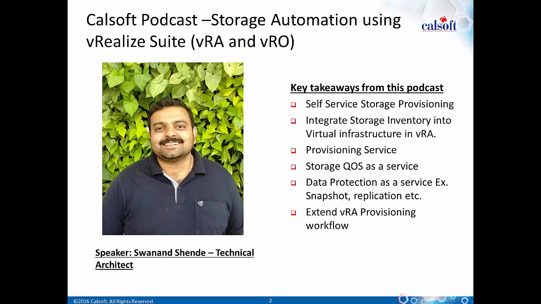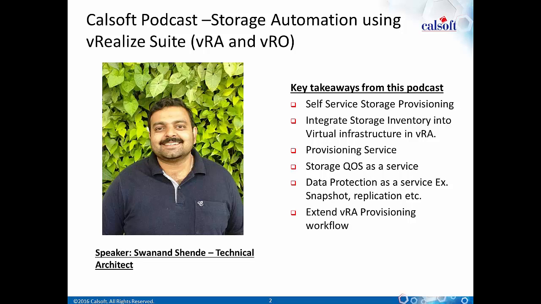The last user story that I would like to talk about is data protection. It's linked to the earlier user stories as well. When the end user requests storage, he should also have the choice to decide the data protection policy that should be applied to it. So the end user can tell vRA and vRO, give me a storage device which is going to store important information.